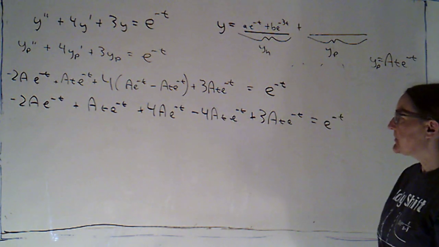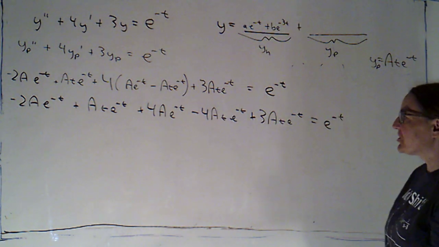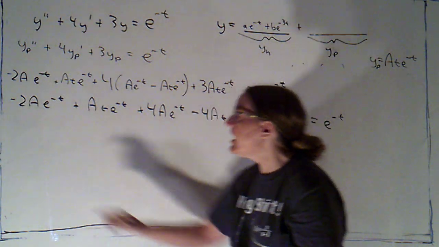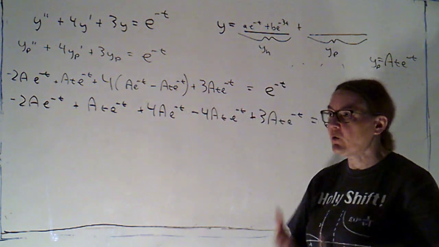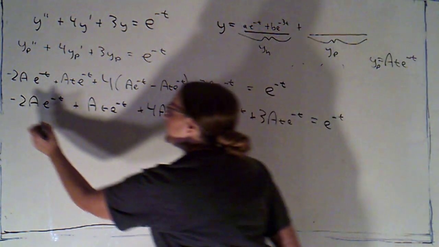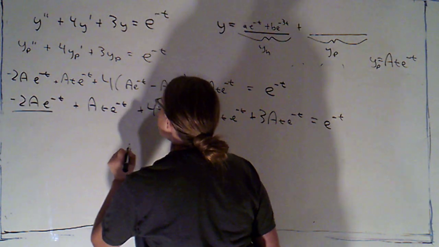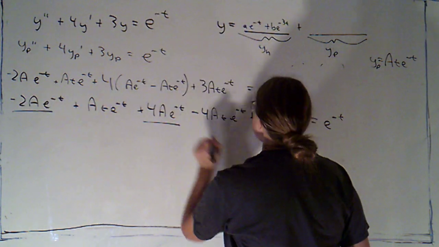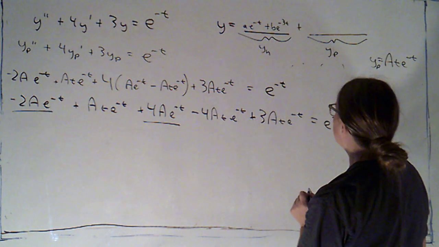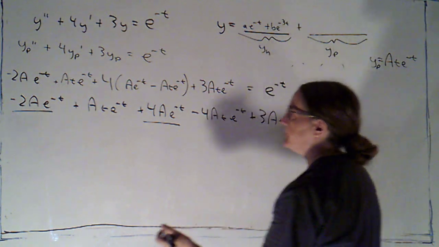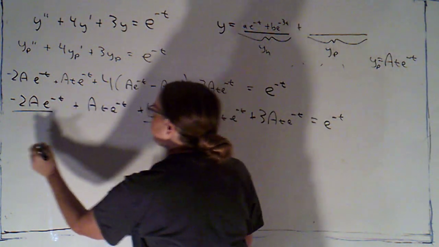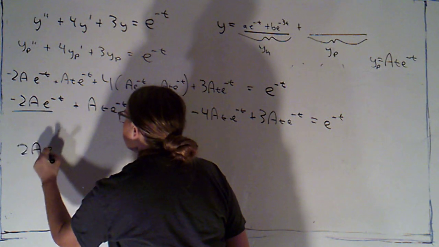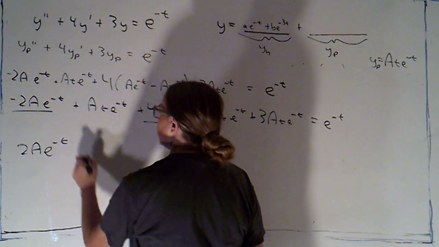So let's consolidate our terms. All of these terms on the left are either e to the negative t's or t e to the negative t's. So that's some e to the negative t's, that's some e to the negative t's. Looks like that's it. So I've got negative 2a plus 4a, that's a total of 2a e to the negative t.